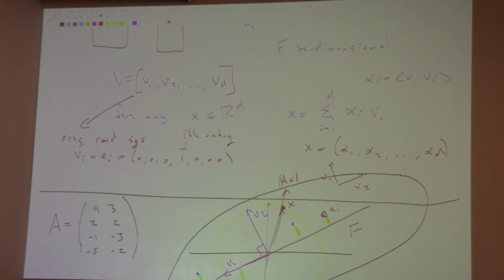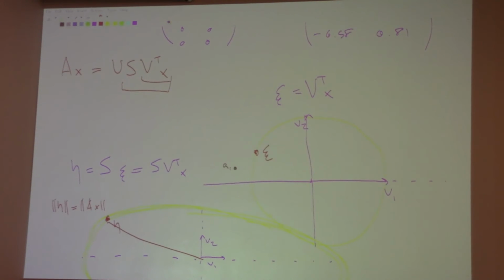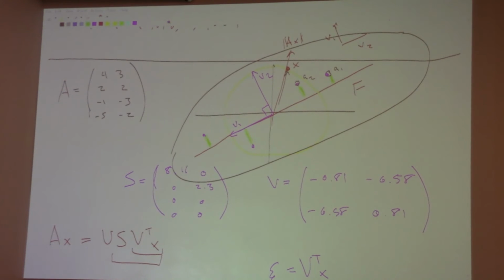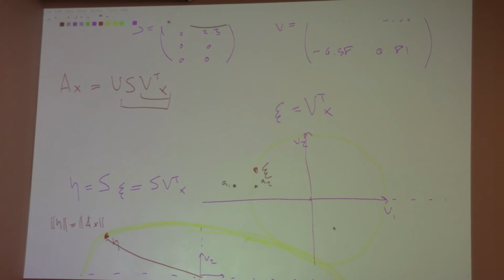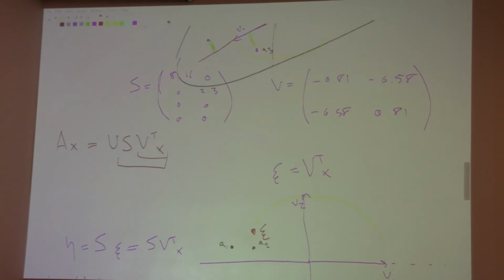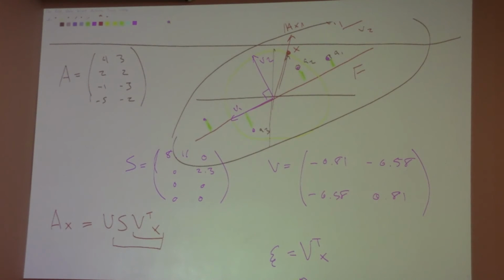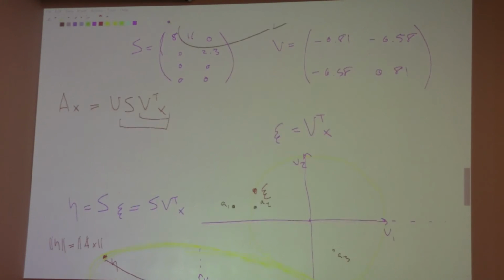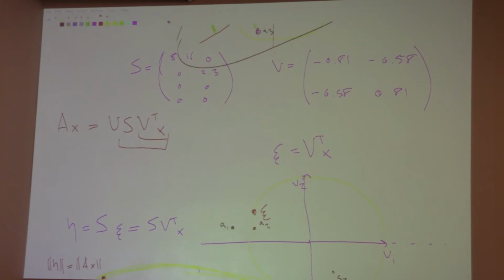A2 is going to be something like here. Then this was A3, and this is A4. I might not have got them quite right, but I can draw them in this new coordinate system.